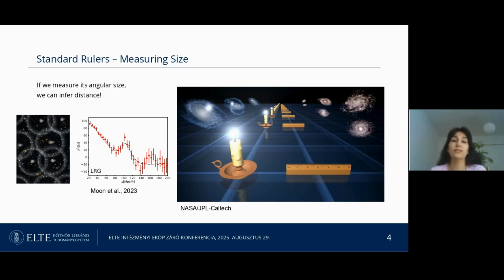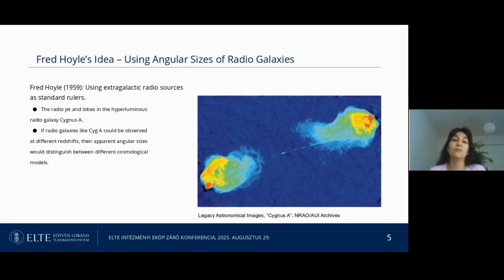Okay, let's start with a little bit of history. The concept of using radio galaxies as standard rulers was first proposed by Fred Hoyle in 1959. He suggested that extragalactic radio sources, particularly those with a very well-defined structure, like Cygnus A that you can see here on the right, can serve as standard rulers.